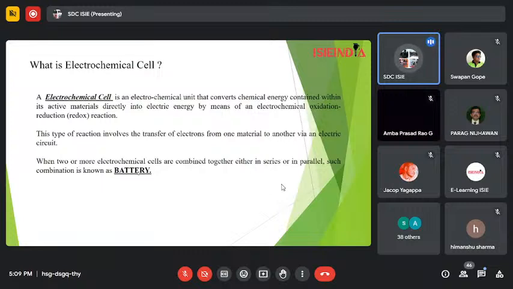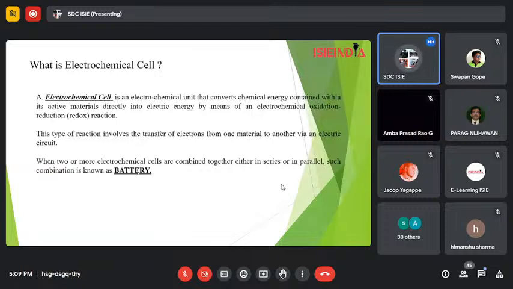When the electrochemical reaction happens, when the oxidation and reduction happens, the electrons are lost. So these active materials lose electrons, and after that we transfer those electrons from one material to another via the electric circuit, through whatever load we are applying there, like the motor, a DC to DC converter, our charger, or headlamps, lights, indicators and so on. So we are transferring the electrons via the electrical circuit.